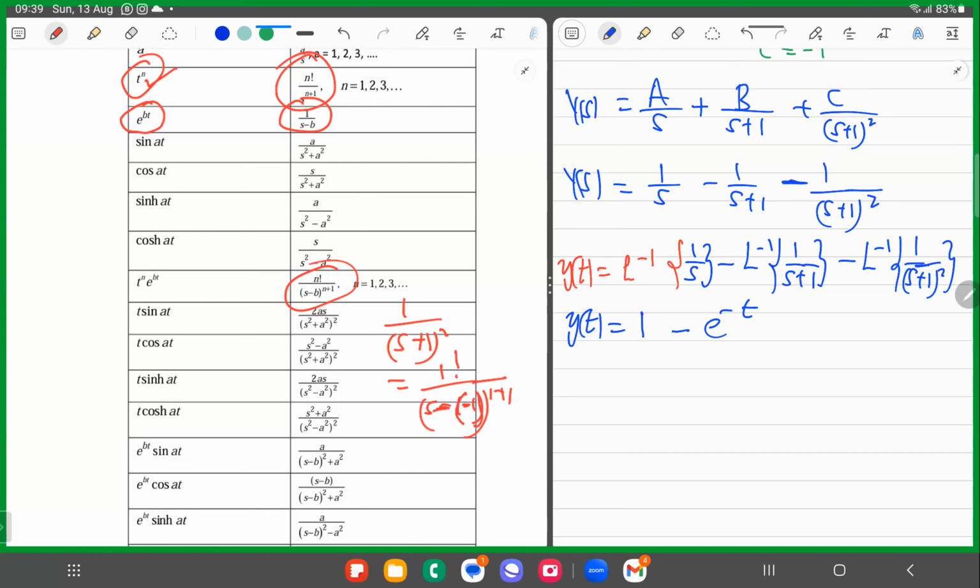Right, so if that is the case, the inverse Laplace transform is going to be this.